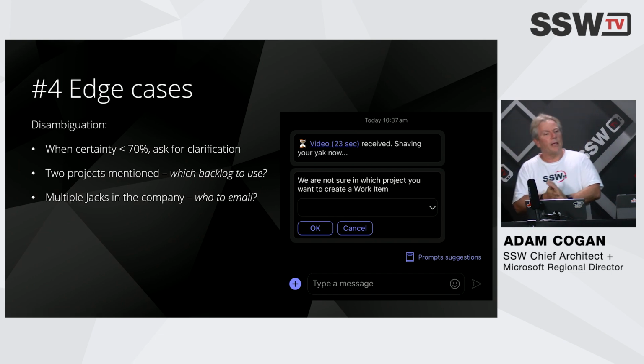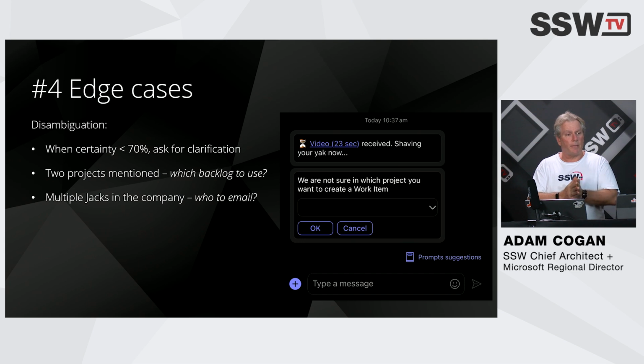The other thing is some people were very ambiguous about what was going on, or we weren't sure. So if the certainty ever drops below 70%, we ask for clarification. We pop messages into Teams to say, okay, you mentioned a couple of projects there. Which one are you talking about?